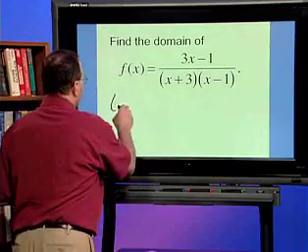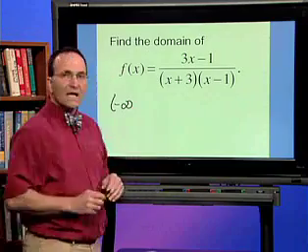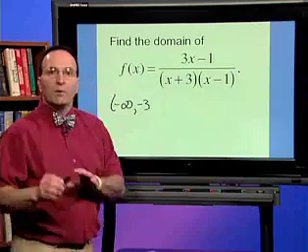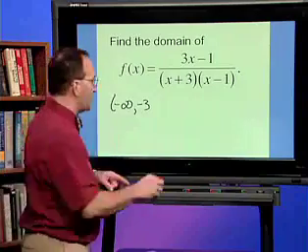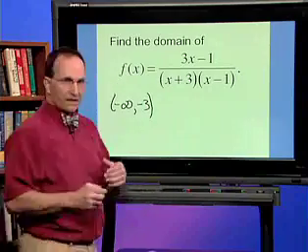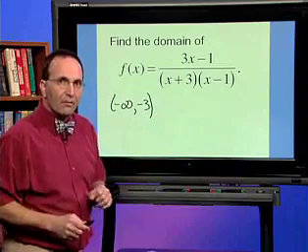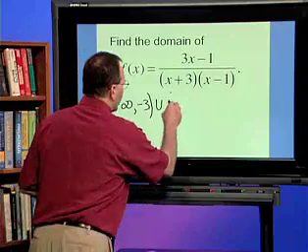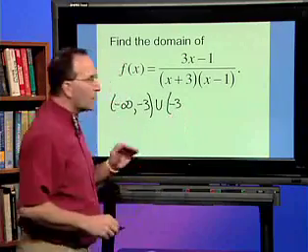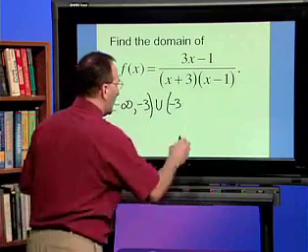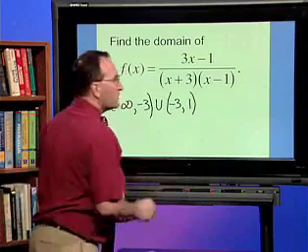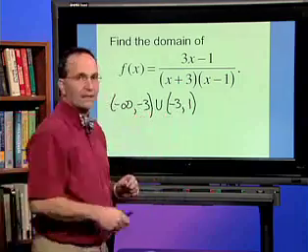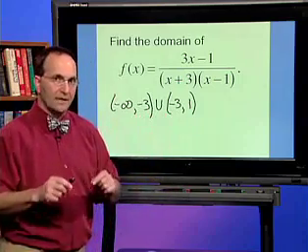We start at -infinity, and we come up to -3. But we cannot actually put -3 in there because, again, it makes the denominator 0. That union with starting at -3 and going all the way up to +1, neither endpoint can we plug in because they make the denominator 0.